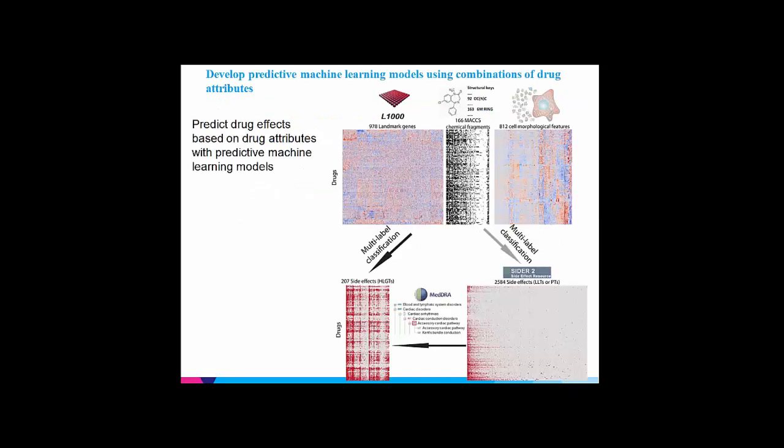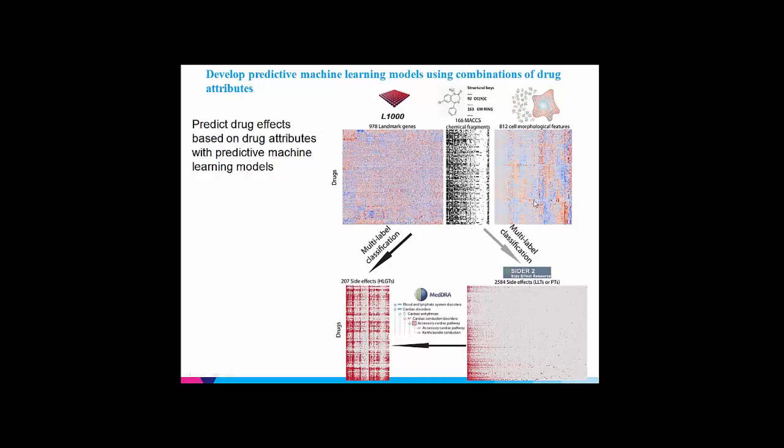And here is a simple graphical abstract for making the predictive models. We have the shared drugs on the rows, and we have those three matrices representing the gene expression from the L1000, the chemical structures using the MACCS keys, and the cell morphological features from the other project.